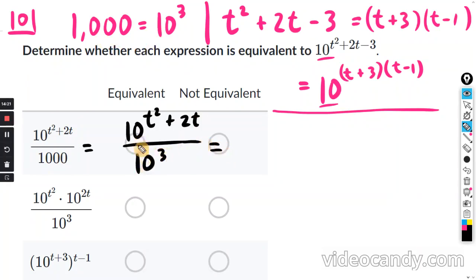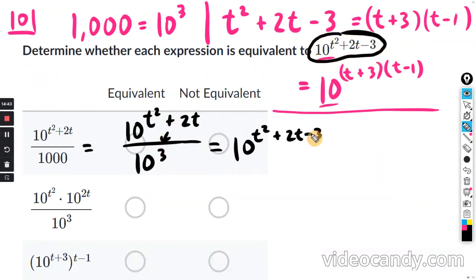All right, the 10s match, and then we just subtract exponents. t squared plus 2t minus 3. Remember, you just subtract the exponents going down. And that matches the original. So part 1 is good. Let's move on. This is great. We have all 10s that match.